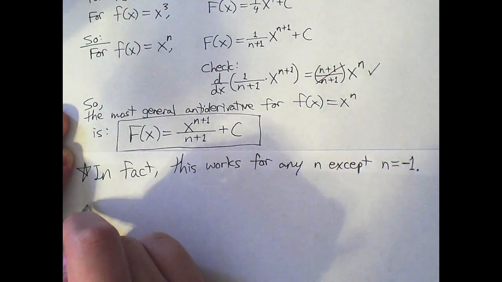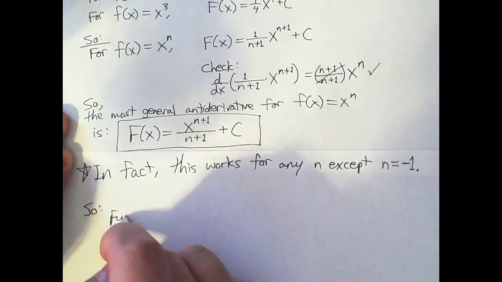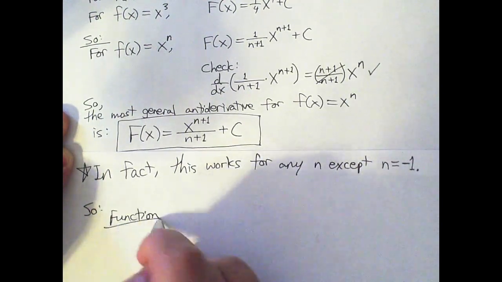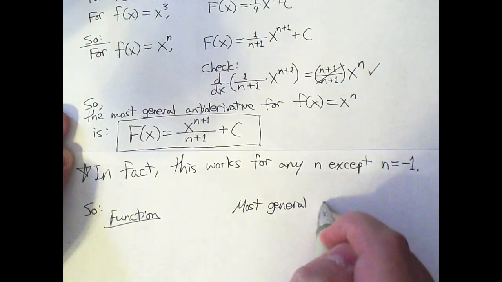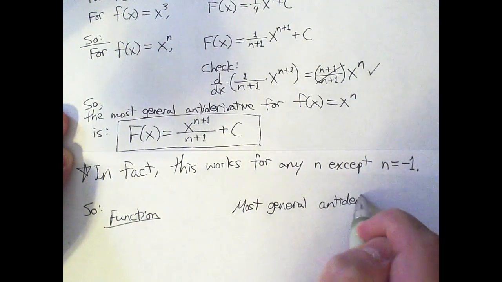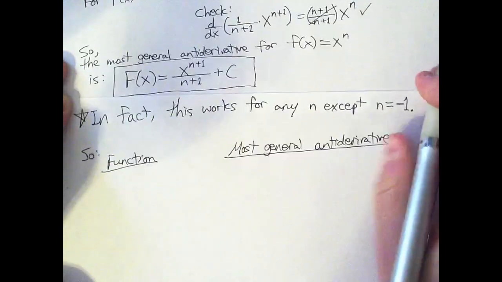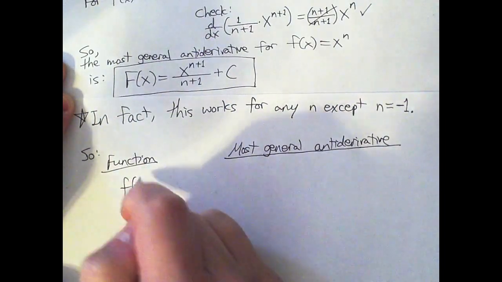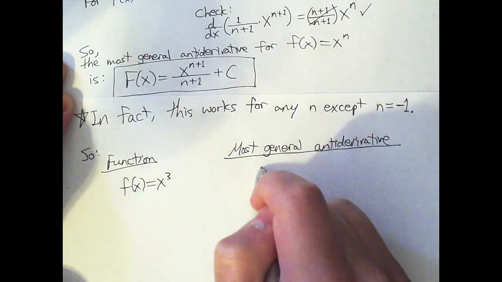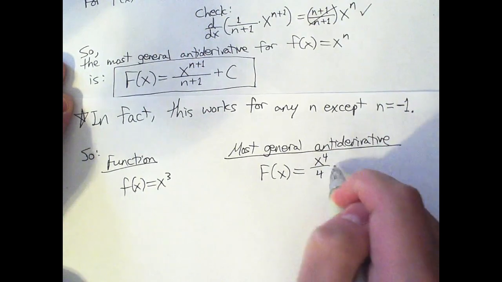So, I don't know, we could do a quick example. If you've got a function and you want the most general antiderivative, applying this new rule that we have, if the function is f of x equals x cubed, we've said that the most general antiderivative is x to the 4th over 4 plus c.